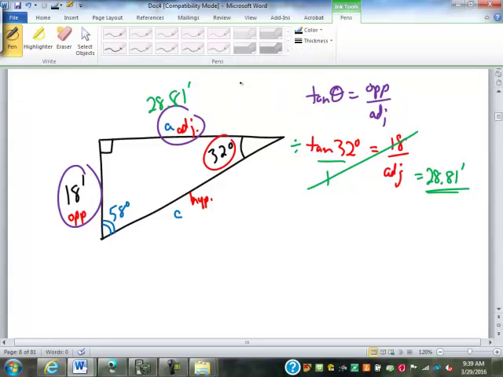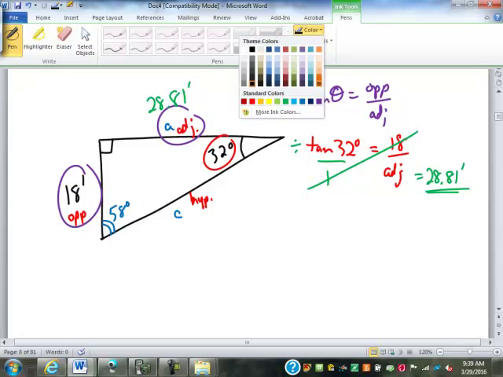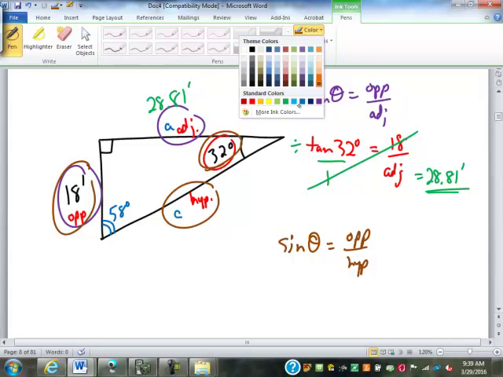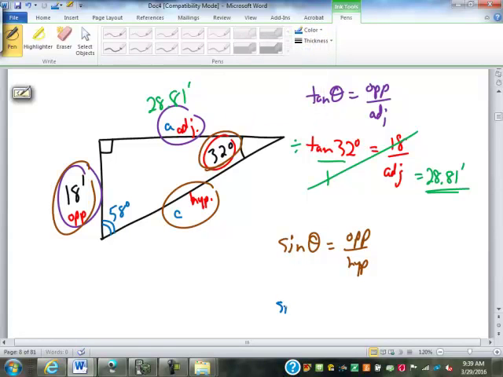So then to find C, I could do a squared plus b squared equals c squared. I'm going to go back to my trig functions though because I can. So I have the opposite side, and C is the hypotenuse. Opposite and hypotenuse make the sine of an angle. So I will fill in what I know. Sine of 32 degrees equals 18 over my hypotenuse.